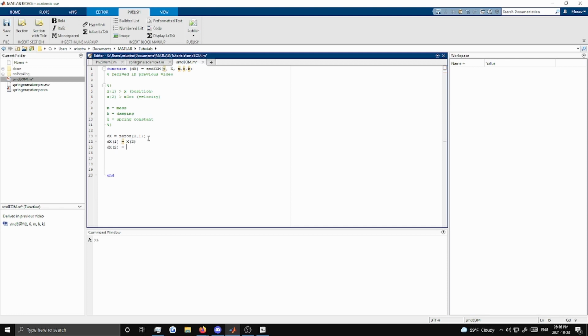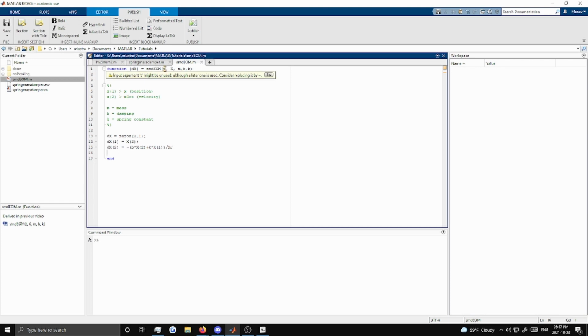And our second one is negative b times x2 plus k times x1, all of this divided by the mass. If you're confused about where any of these came from, I highly recommend checking the previous video, drawing the free body diagram, doing the analysis, and deriving the equations yourself, and then performing the reduction of order. But for now, we have our system set up, so this will return.